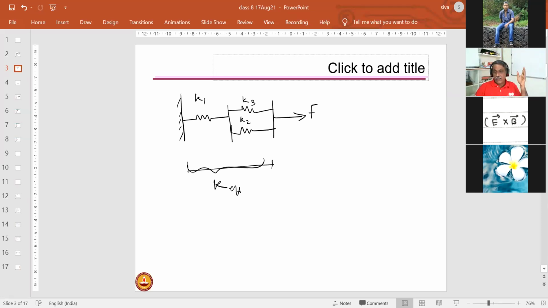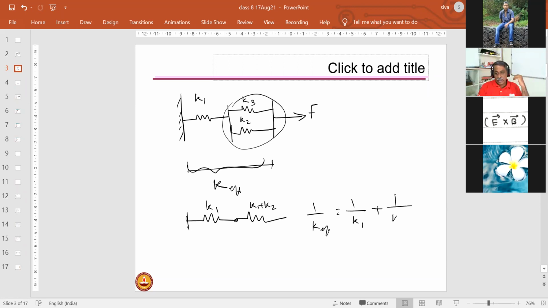Fantastic. Somebody said 1 by K1 plus 1 by (K2 plus K3) combined should be nothing but 1 by K effective, right? So I'll go methodically. I'll combine this and draw this to be K2 plus K3. Now I have it in series. Now I can write K effective is equal to 1 by K1 plus 1 by (K2 plus K3), right?